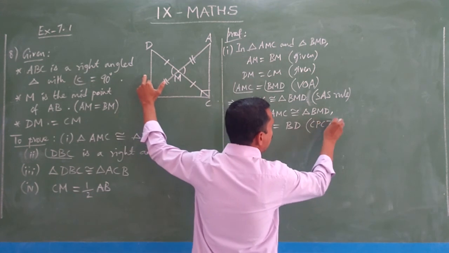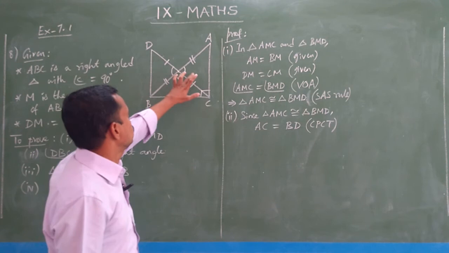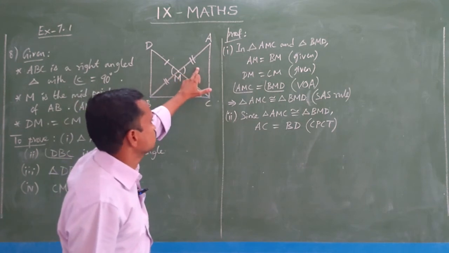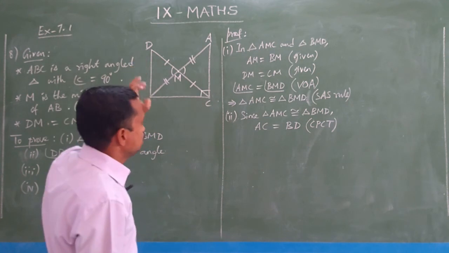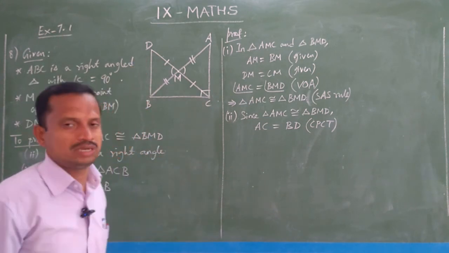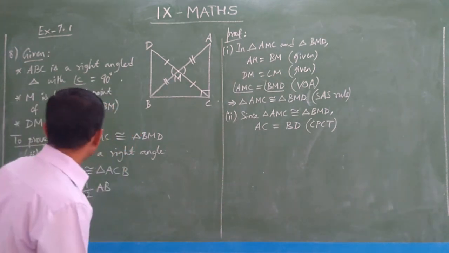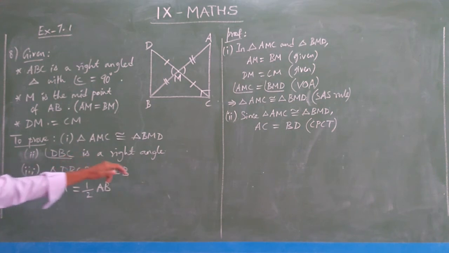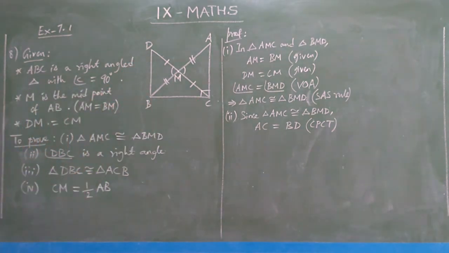Reason: CPCT. These two triangles are congruent, so AC from the first triangle AMC and BD from the second triangle are corresponding parts of congruent triangles, and they are equal. AC equal to BD. And now DBC, where it is DBC, that is the right angle we have to show.